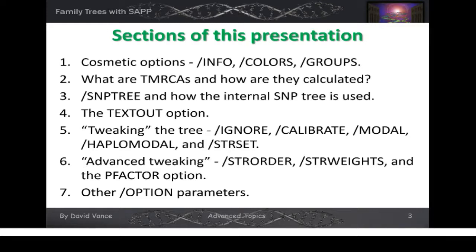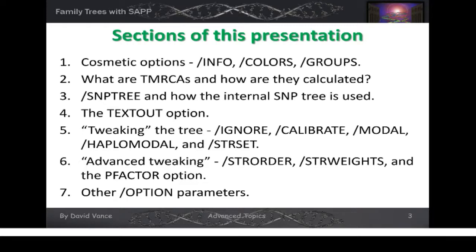I'll talk about the Snip Tree and the internal tree that SAPP uses in order to make SNP decisions and how to affect it. We'll cover other options here in numbers 4, 5, and 6 that start with some very simple changes and the effects that has, and then talk about more complicated, a little more technical details about how to modify SAPP's programming, and then a few other option parameters that you may want to use as you go along.